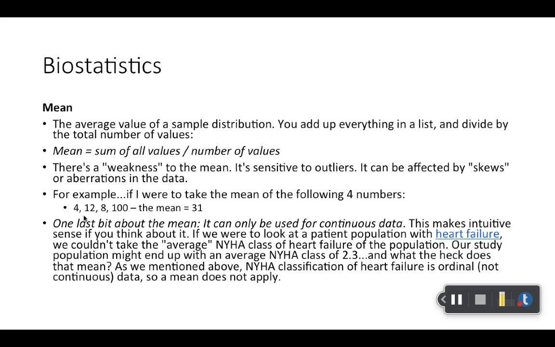I don't know why I picked 15, but let's just say below 15 because it sounds nicer. But then the average is almost double 15 because of this number 100. So it's an outlier. And the mean can only be used for continuous data. That's just a note. Just make sure you look at that, and you guys can read through this.